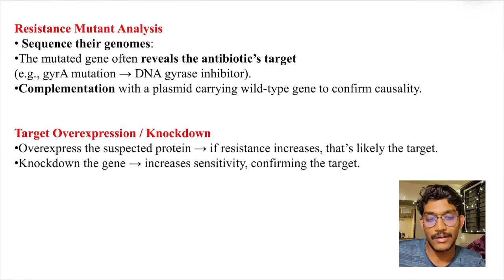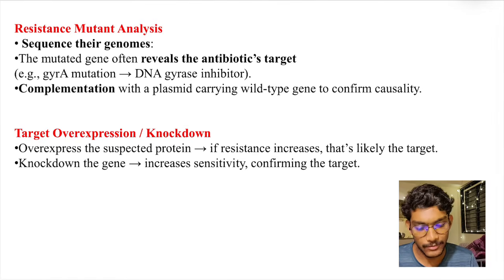So we need to give less effort if we find a microorganism with a resistant strain, because we can compare the genome of the resistant strain with a susceptible strain, and we can narrow down the possible targets, and we can confirm whether this protein or that protein or that component is basically the target of the particular drug. So how can we do that?